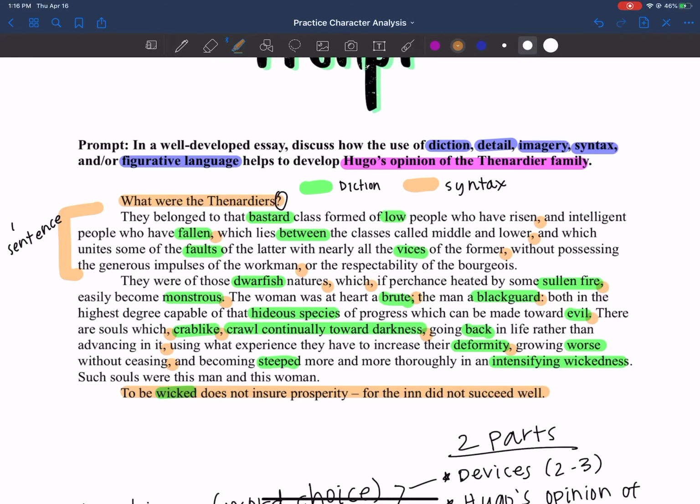I think that's everything. All right. So I have marked all of the punctuation in these 2 paragraphs. It's a lot. It's probably too many commas, and I love commas. So again, we need to think about why Hugo is doing this.